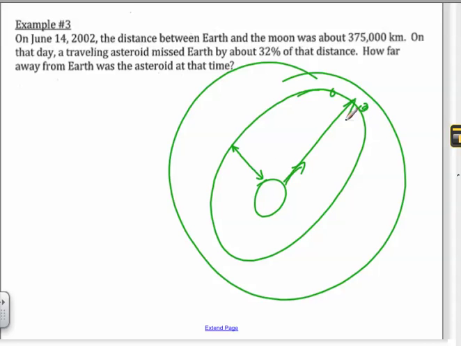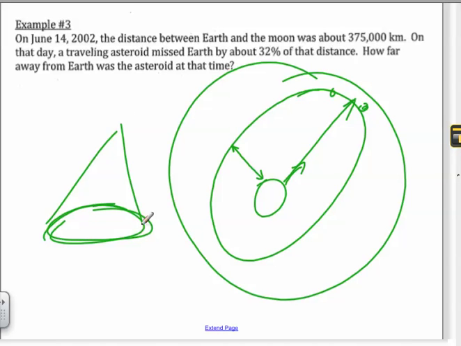There's a part of advanced algebra called conic sections. Conic sections are shapes that we can get out of a cone. If you look at a cone, at the bottom of the cone you have a circle. If you cut off a slice of the cone like that, the shape it makes is a parabola.